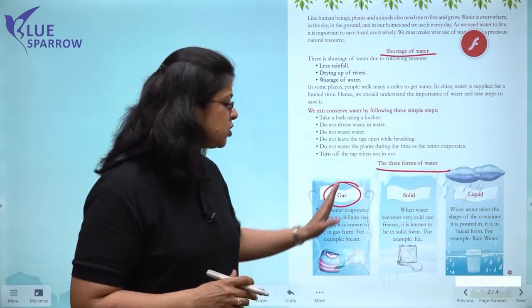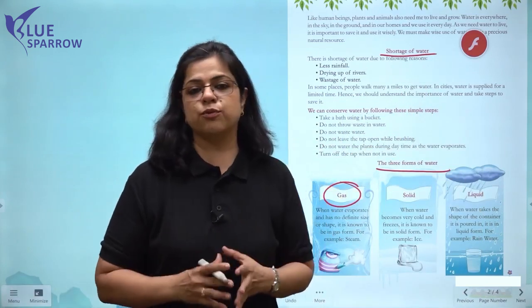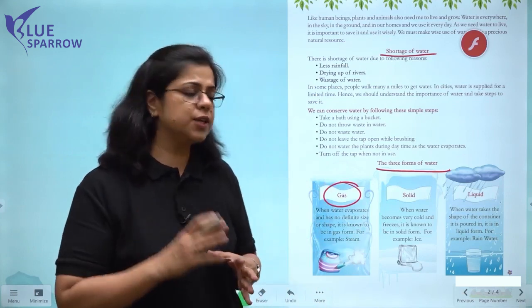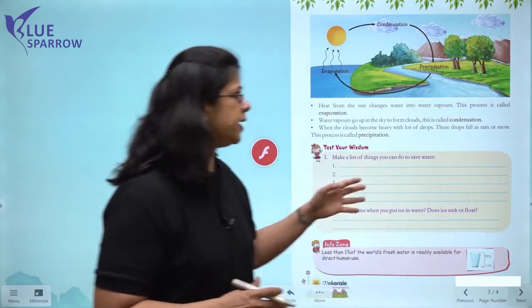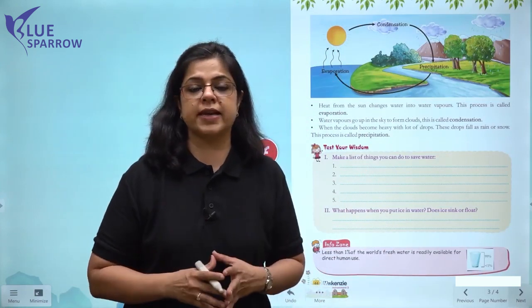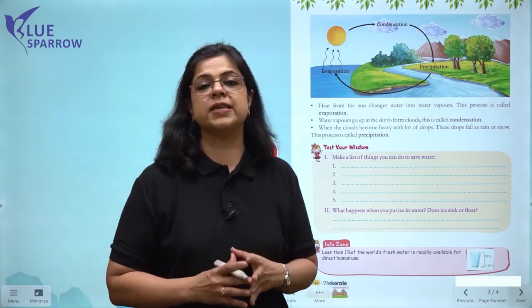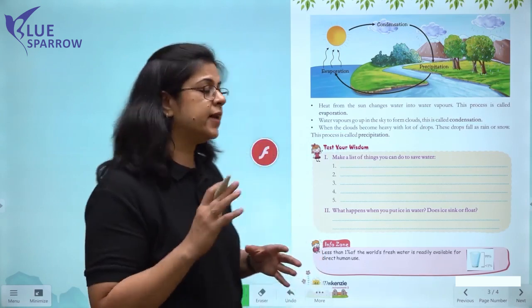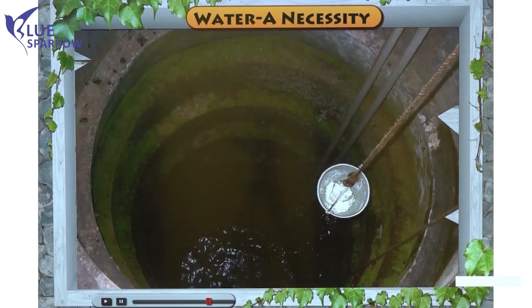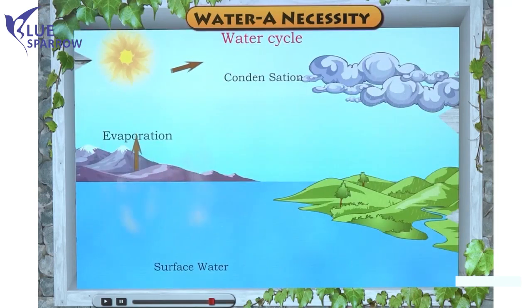Children, this change of state of water from one state to another happens continuously in nature and this happens in the form of a water cycle. Now let us quickly see what the water cycle is all about. In nature, the heat of the sun causes the water from water sources on earth like wells, ponds, etc. to evaporate.